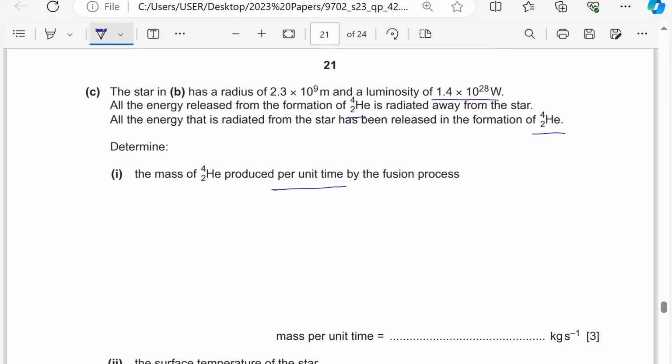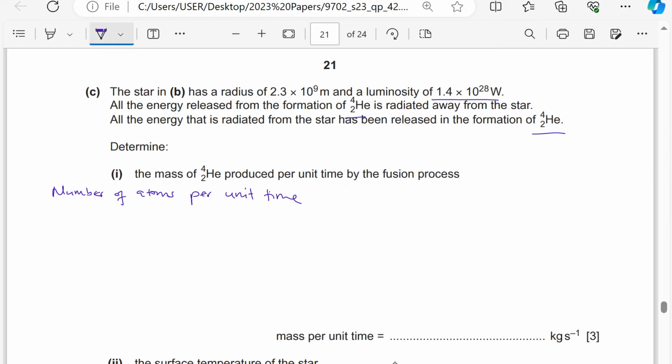So let's first of all find the number of atoms per unit time.